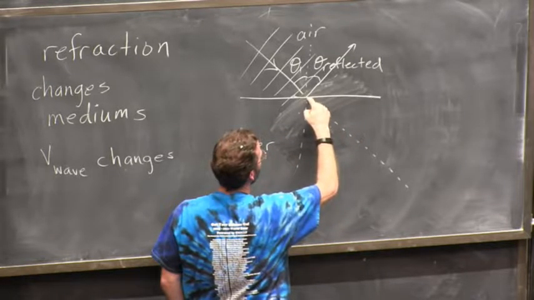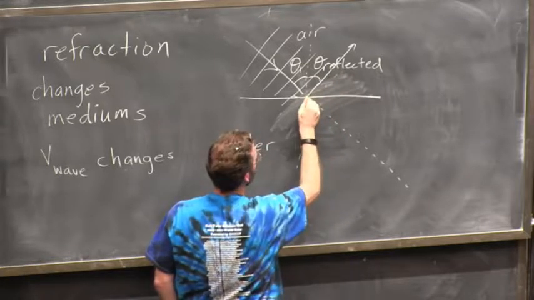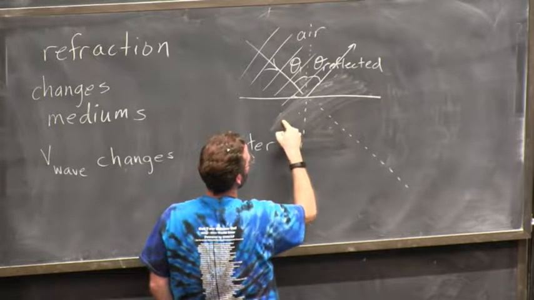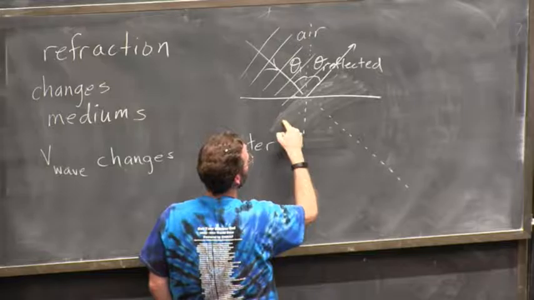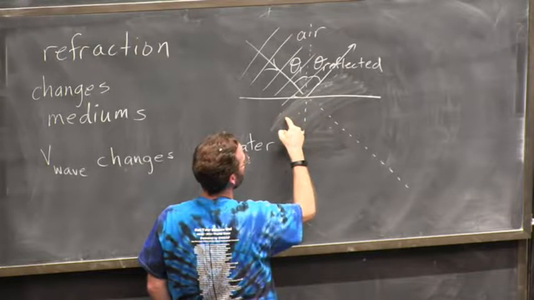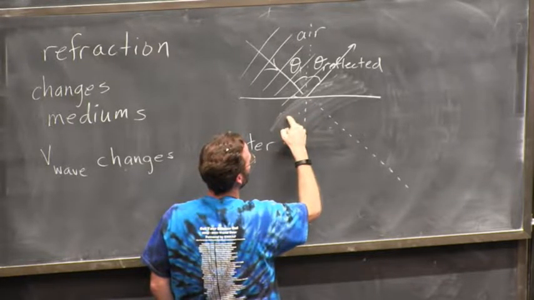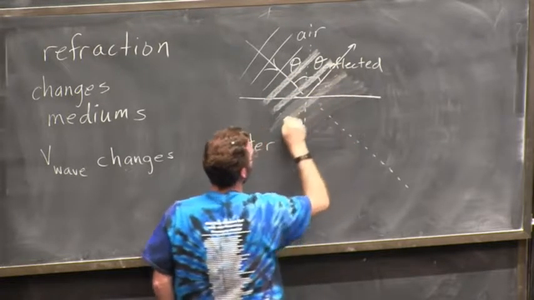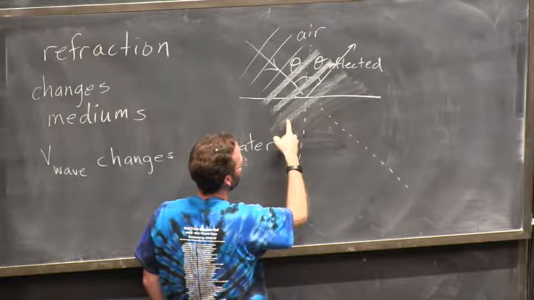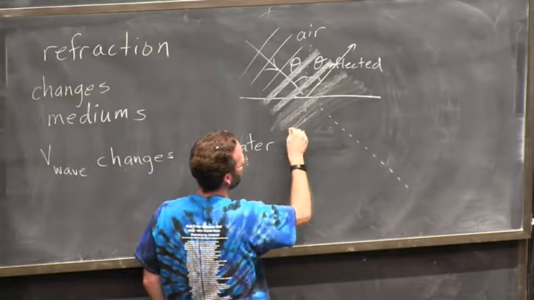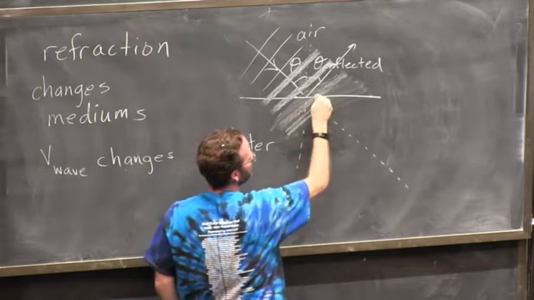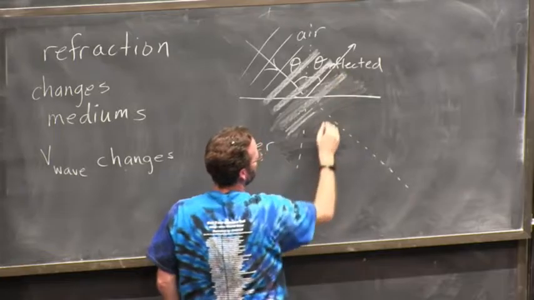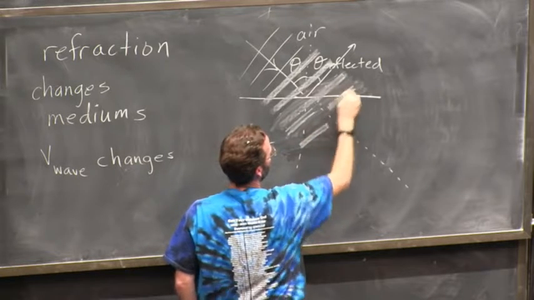But we look at one that's half in there, half in here. This goes faster. I do it the wrong way. This goes faster, so it's going to get ahead of itself. You can see the patterns of the wavefronts. If nothing happened, it'd be here. This one gets ahead. It's like it's up here. And this one stays back. Then ahead and back.